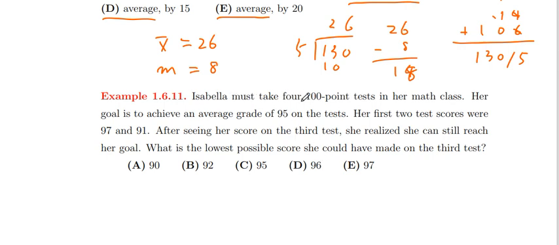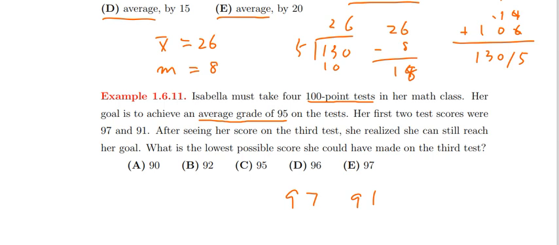Elizabeth must take 4 tests. Her goal is to try to get an average of 95. So by now, let's say her scores are 97, 91.